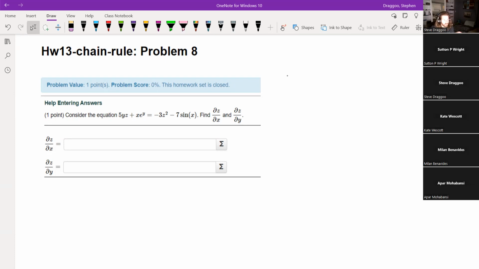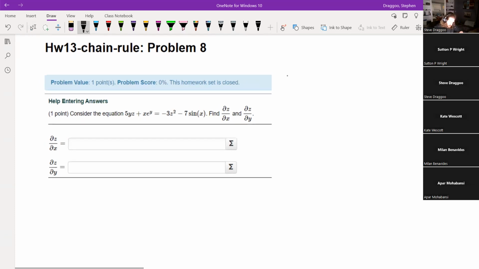And that's this half. So let's go take a look. What do we want to do? So consider the equation here. Find z partial x and z partial y.